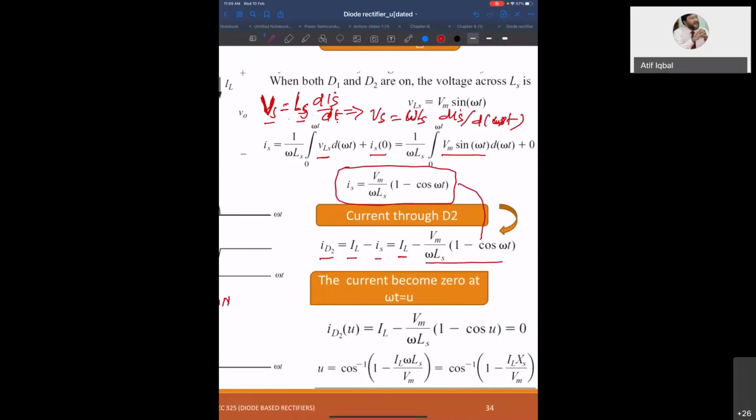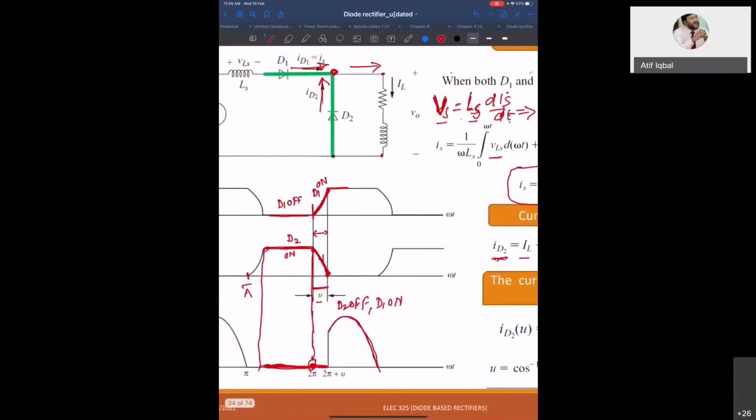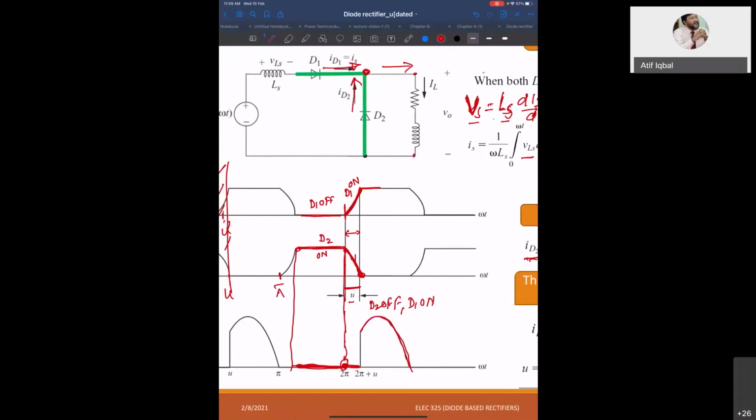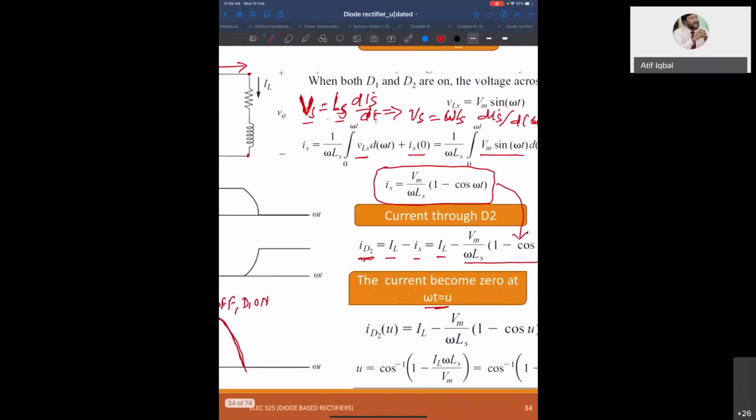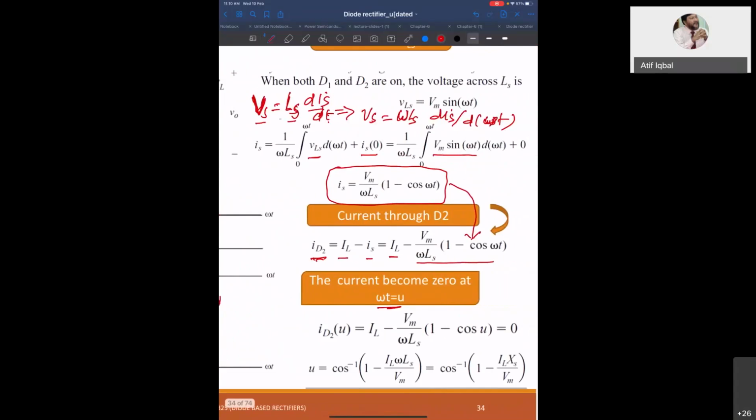This diode current will be 0 at omega t equal to u. So I put this equation equal to 0, and from here I get the expression for u: u = cos inverse of (1 minus IL omega Ls over Vm).